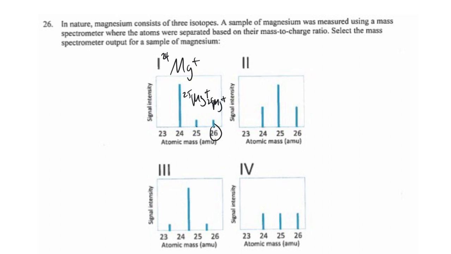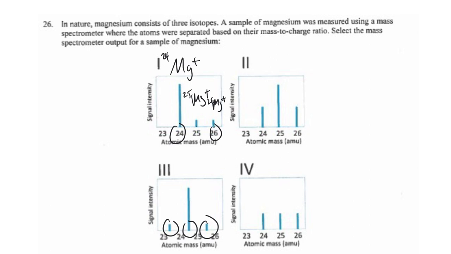So when I'm looking at an isotope of magnesium-24, its mass should be pretty close to 24 AMU. Not dead on, it's not going to be 24.0000, but it'll be probably like 23.96 something. So when I see options like this, is this what a mass spectrum of magnesium might look like?